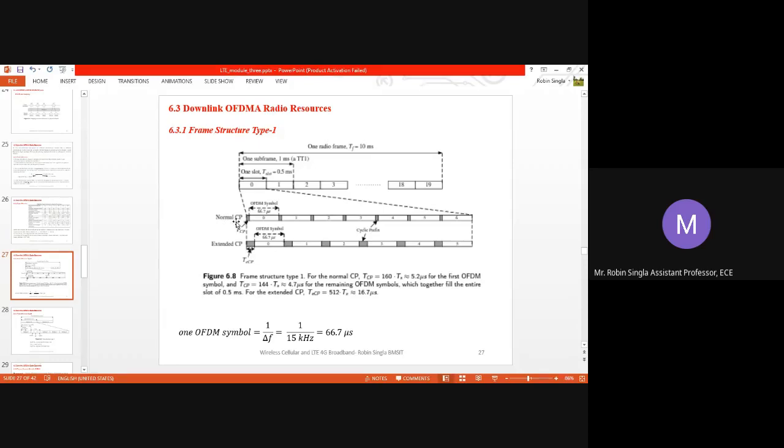For normal CP, one slot of 0.5 millisecond will contain 7 OFDM symbols, 0 to 6. And this gray color is shown here as a cyclic prefix. For extended cyclic prefix, when we increase the time period of cyclic prefix, the total number of OFDM symbols in one slot is reduced from 7 to 6.